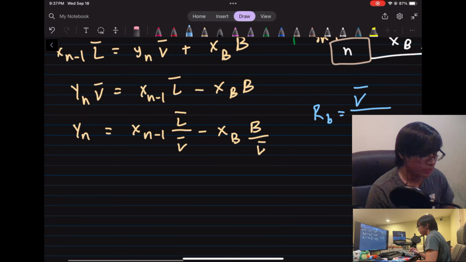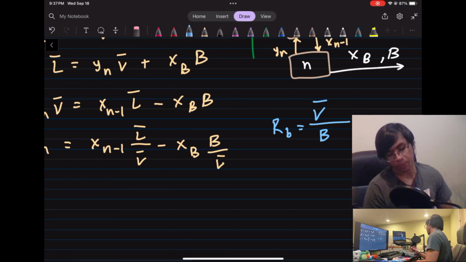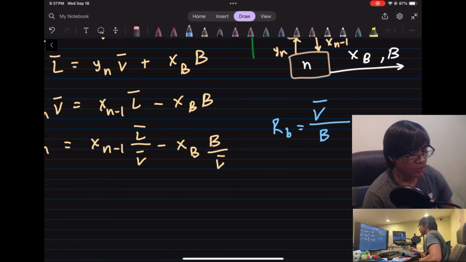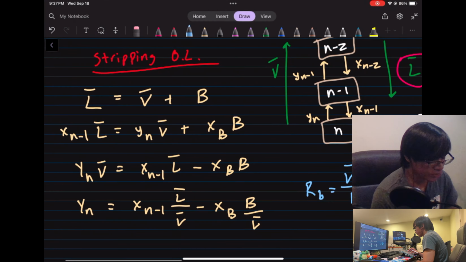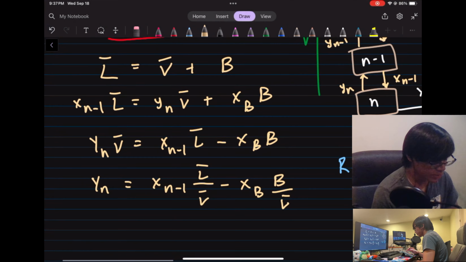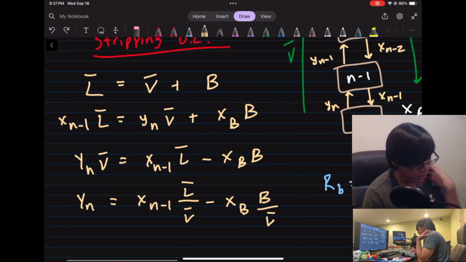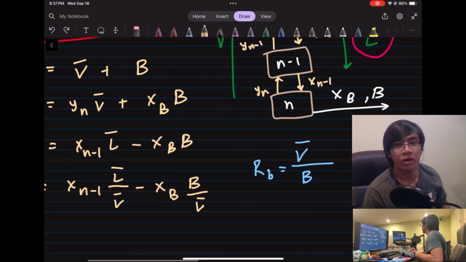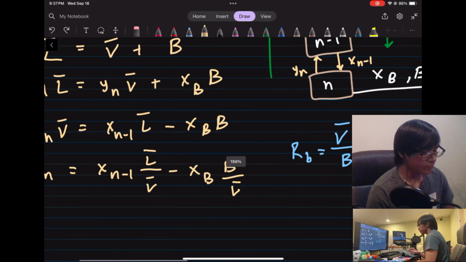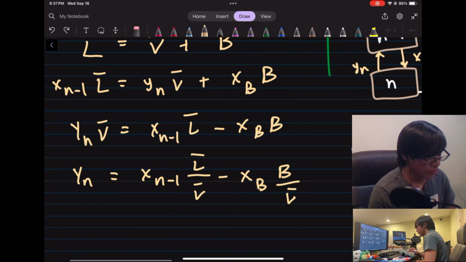So if I want to, again, make our expression in terms of our RB, our boil up ratio, and remember this is optional, I'm going to go ahead and divide by B on both terms after I do my substitution, trying to get our stripping operating line expression in terms of V bar here and B. So I'll substitute our liquid flow rates for what we wrote up here.